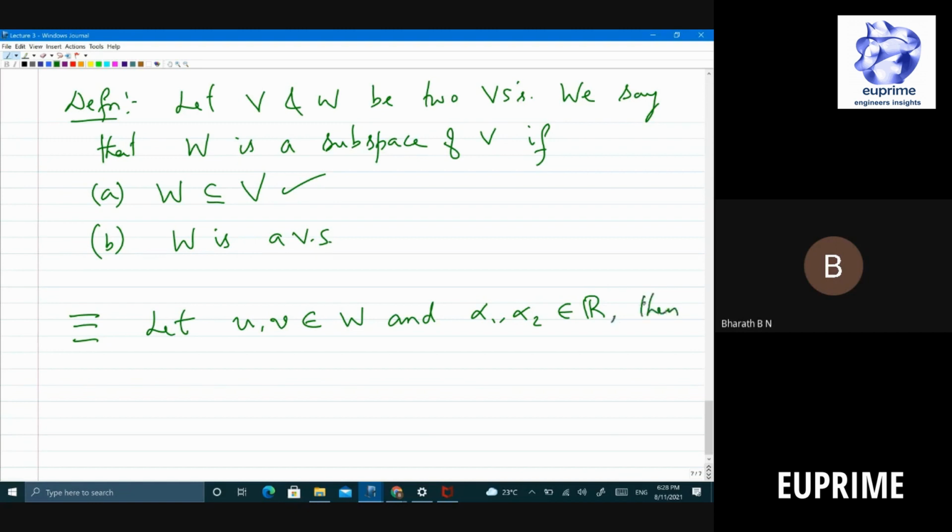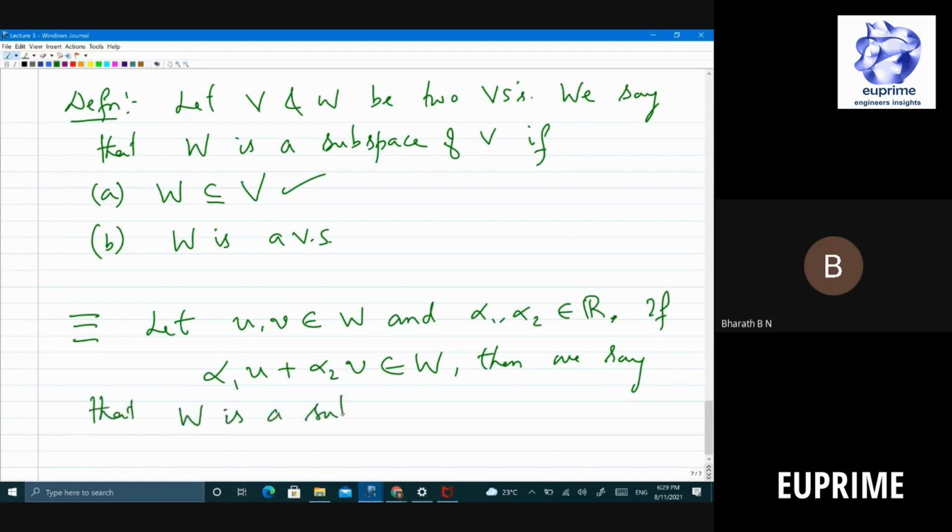Then if I take the linear combination, alpha 1 u plus alpha 2 v belongs to W. If that holds, then we say that W is a subspace of V. I mean, it's a subset of V here.